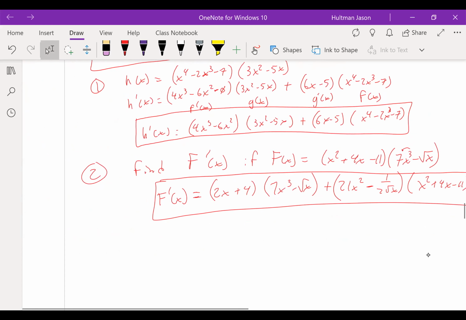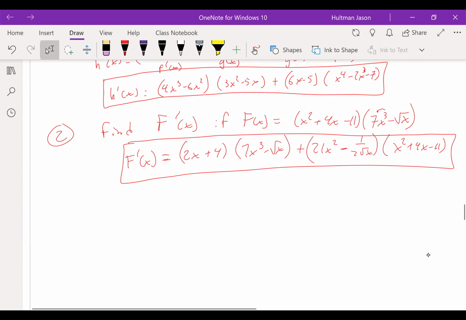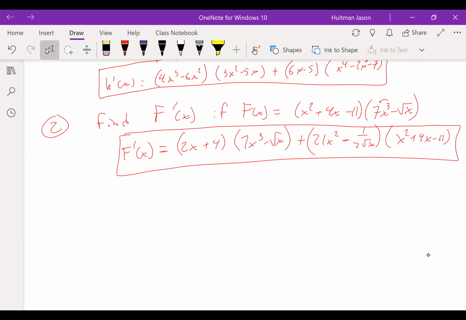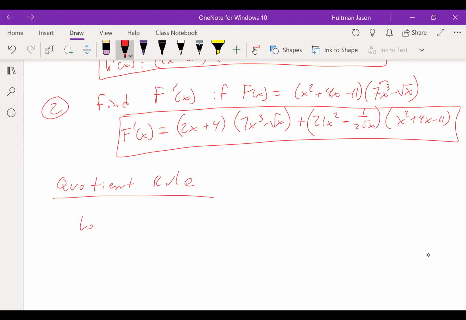Okay, quotient rule. Let's look at the quotient rule real quick. So what's the quotient rule here? Let's let h of x this time be equal to f of x over g of x.